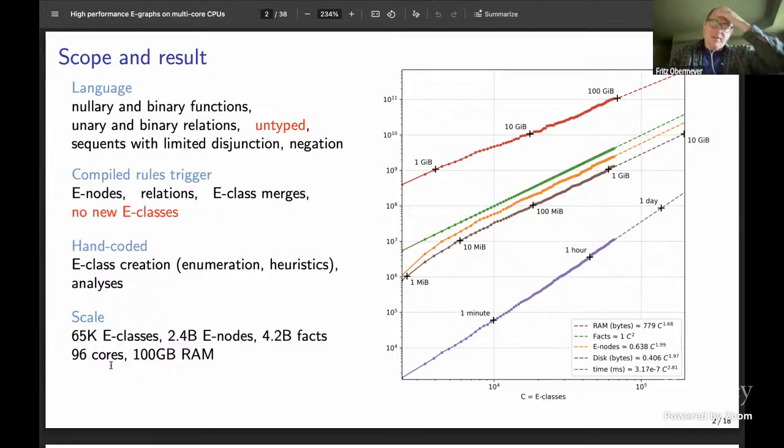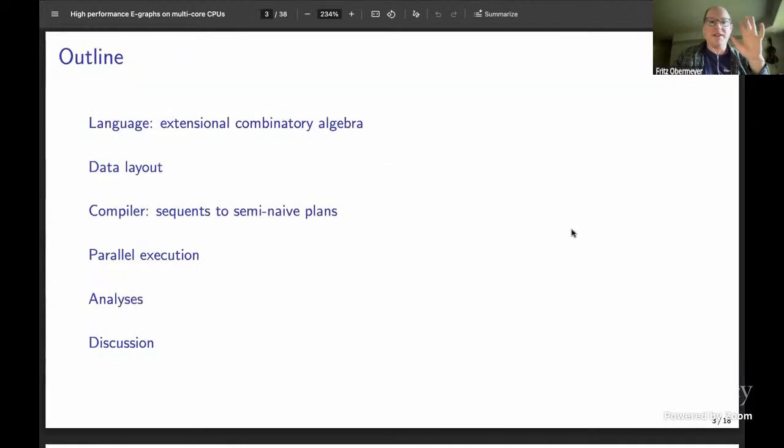I use a lot of cores. Read that 96 cores with a grain of salt. I think it scales pretty well to 32 cores. I just used a 96 core machine to get this plot because I ran out of memory on my EC2 instance and didn't have time to turn up the memory, but it does scale pretty well to 32 cores. Okay, so those are the restrictions.